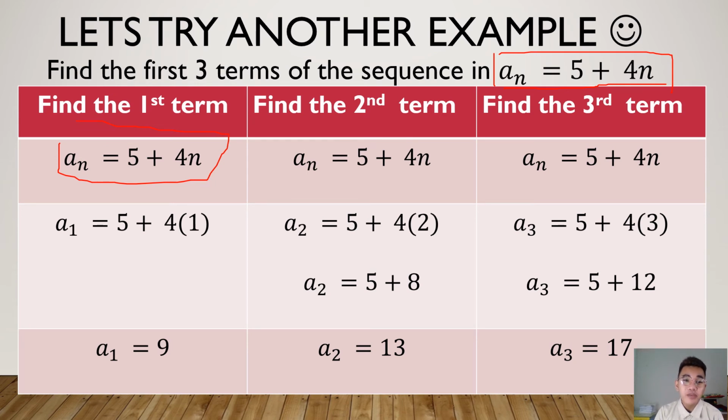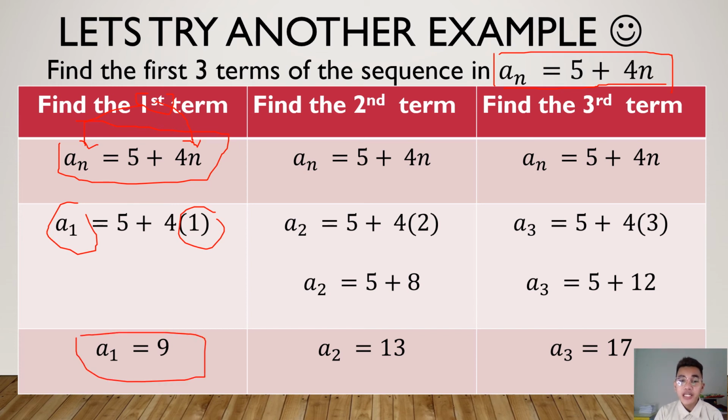For the first term, substitute 1 for n. So a sub 1, and n here is 1. So a sub 1 is equal to 9, since 5 plus 4 times 1 is 5 plus 4, which is 9. So this is the first term.